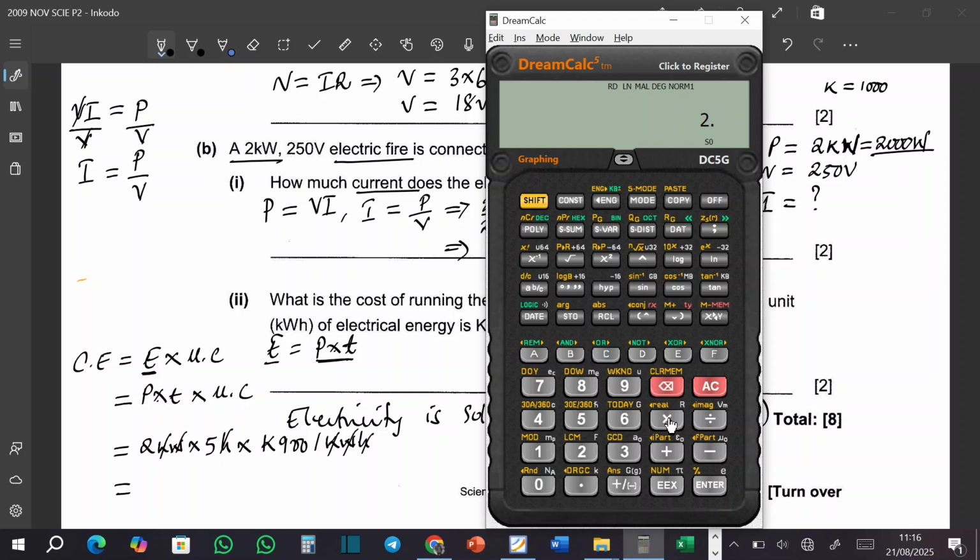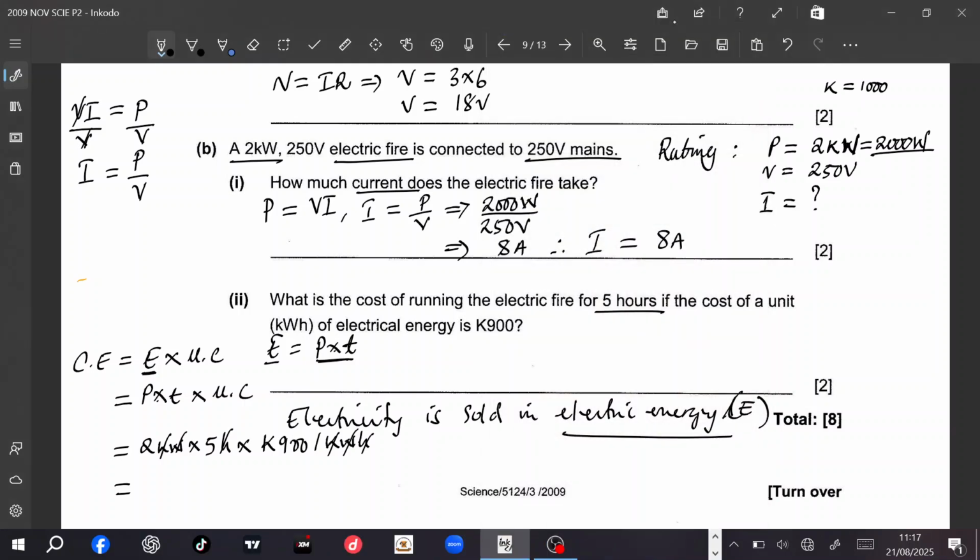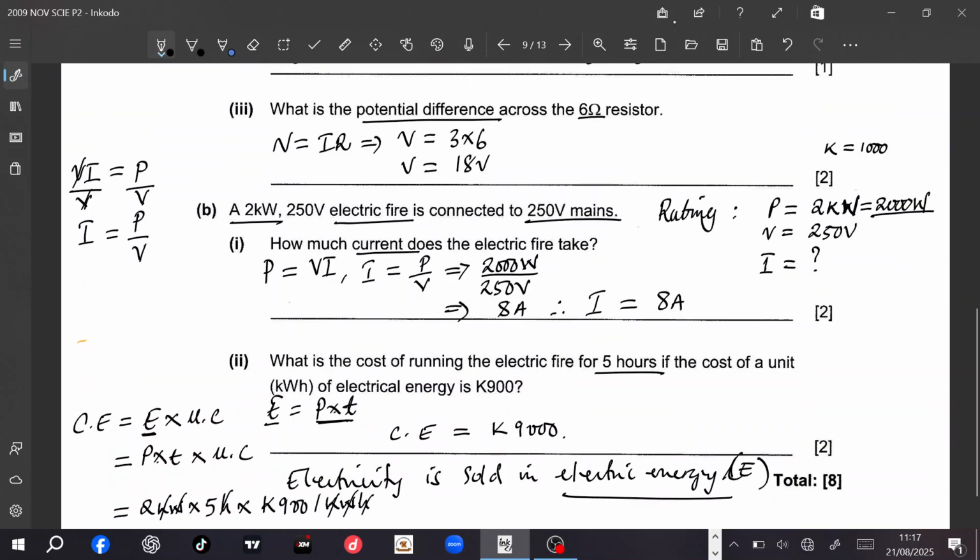You get 9,000 kwacha. So this is the cost of using electricity: the cost of using electricity will be 9,000 kwacha.